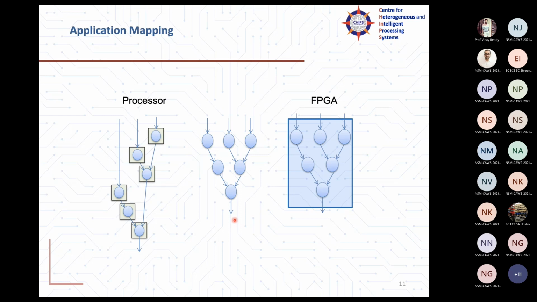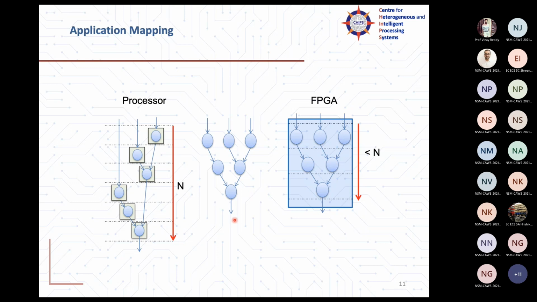You see the difference? So I can implement operators as is. I use the entire area. I use the entire number of transistors available to me. I configure my FPGA logic to perform these operations, and I map the application as is. Of course, there are limitations in my application itself, which limit the number of time steps needed, but they are way shorter than what you would expect on a processor.